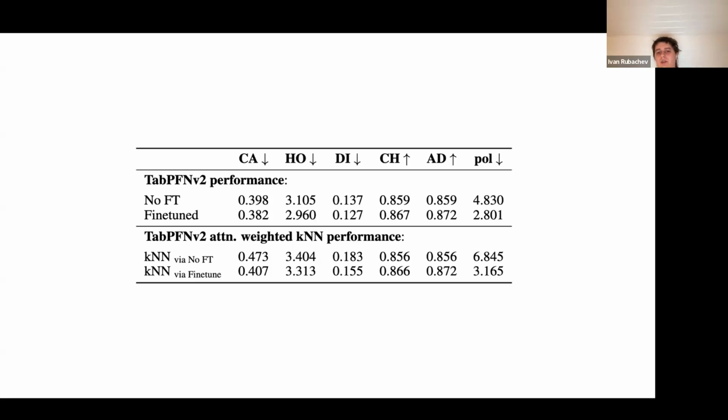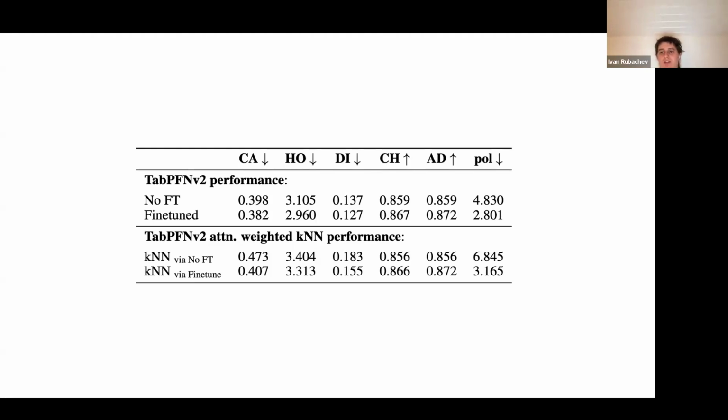This soft KNN classification and regression kind of works. But what is really important for us here is: does fine-tuning on a specific dataset change something here? And we can see that a fine-tuned model, the model that is fine-tuned on, for example, the California housing dataset, is improved when used properly. But the KNN weighted performance also improves, even quite markedly in some cases.